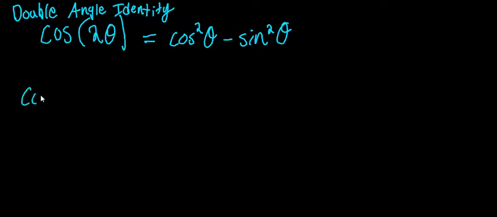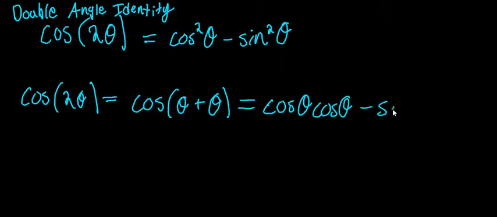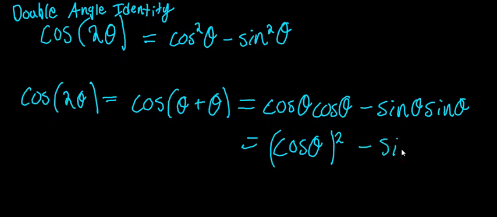Because check this out. Cosine of 2 theta is equal to cosine of theta plus theta, which is equal to, by the angle addition formulas that you can either derive using the technique described in our video on the angle addition formulas, or you can look up in a Trig reference sheet using your online resources or a textbook, cosine of theta times cosine of theta minus sine of theta times sine of theta, which is equal to cosine of theta quantity squared minus sine of theta quantity squared.